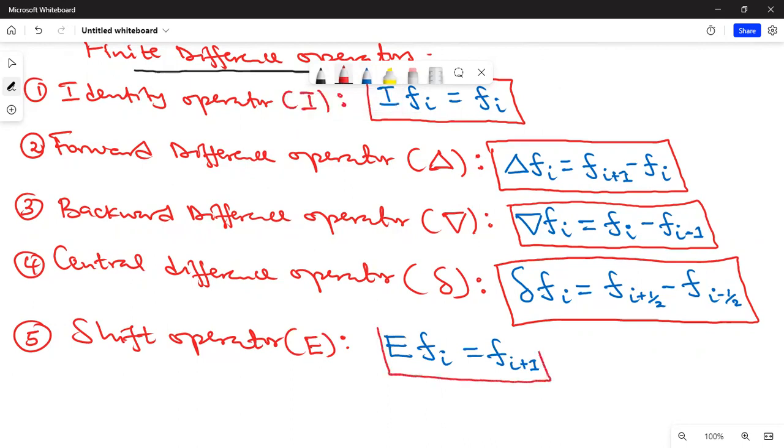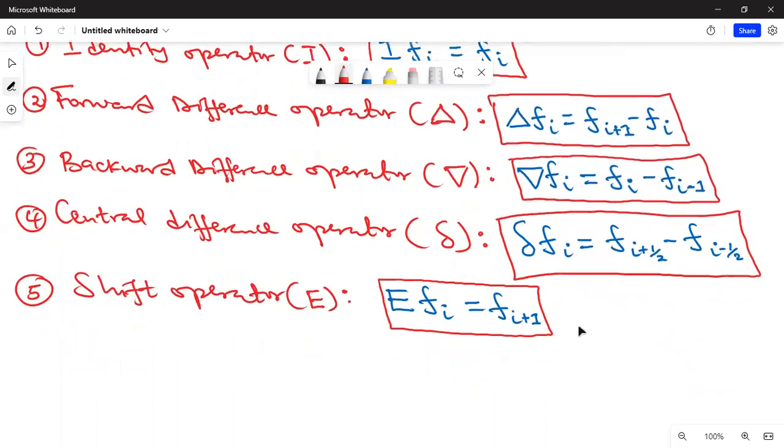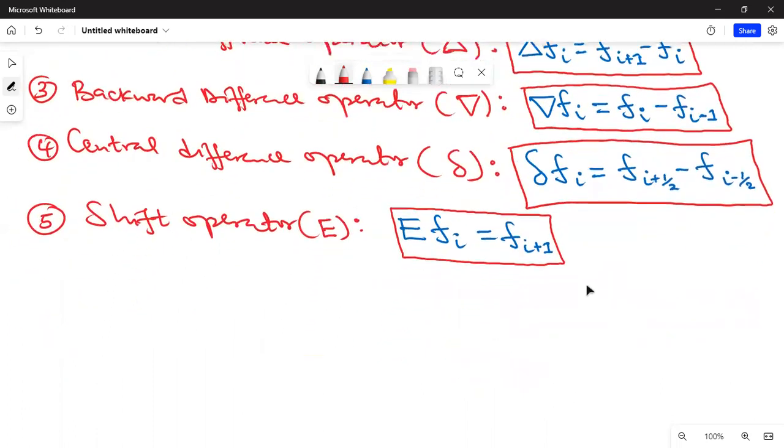Shift is just when you are at the current, to shift it, you just go one step forward. That is when the power of the shift is one step forward. That's what it means.